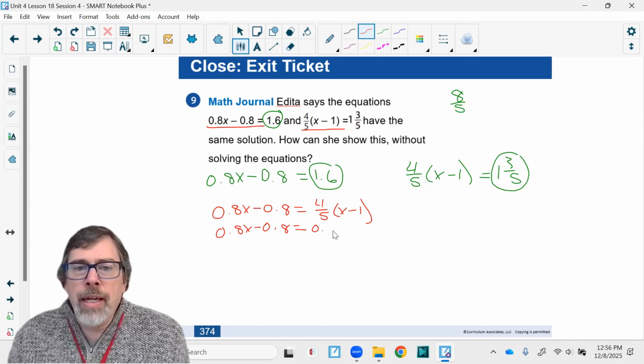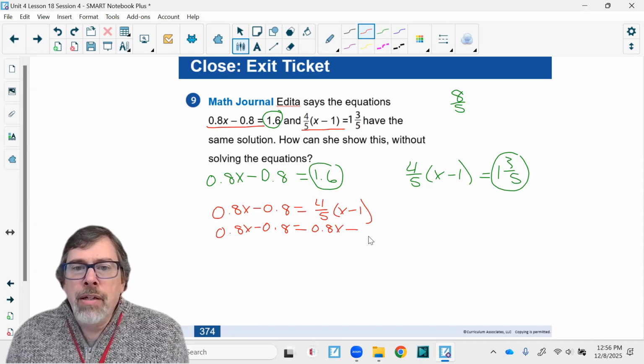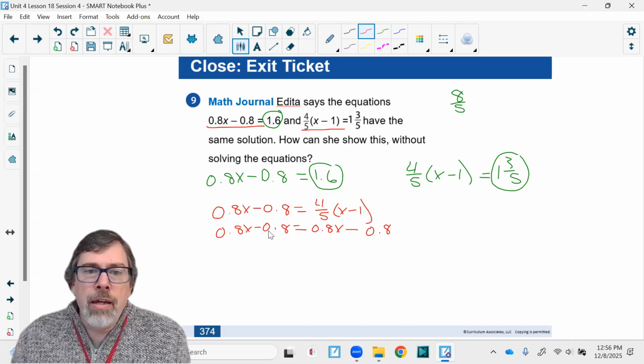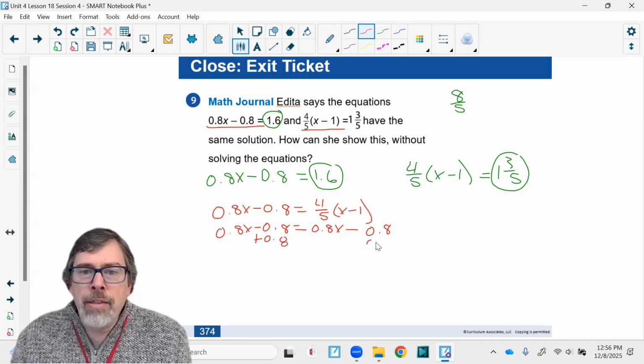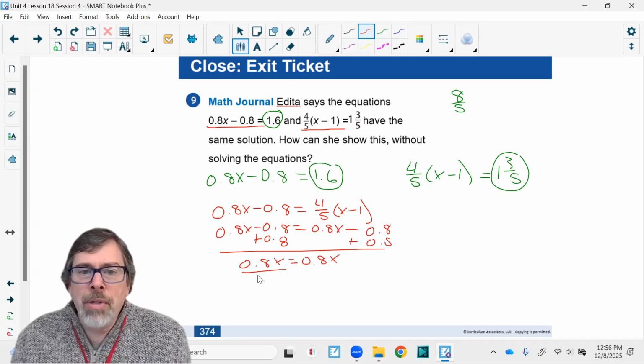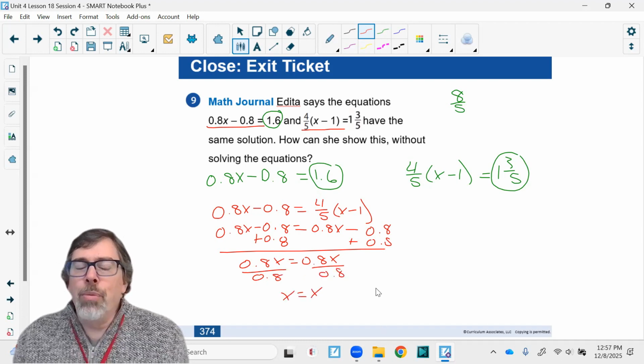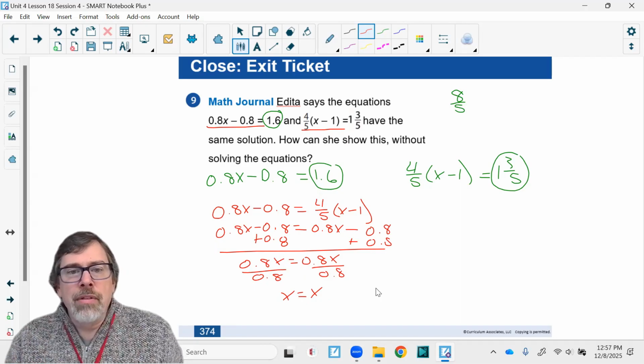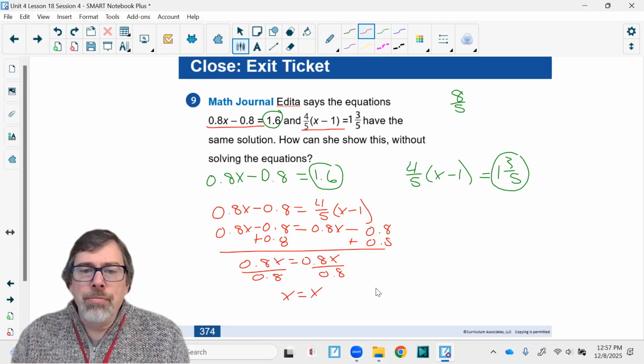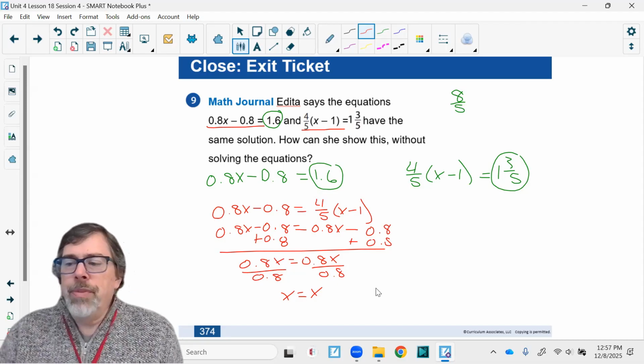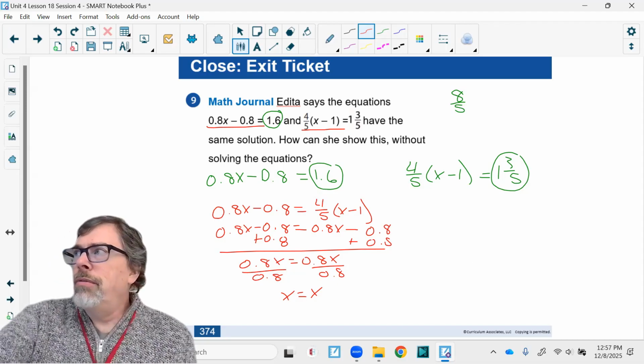So this is 0.8x minus 0.8 because 0.8 times 1 is 0.8. Since I have a minus 0.8 and I add 0.8 to both sides, I'm going to get 0.8x equals 0.8x, right? Divide by 0.8, divide by 0.8, I get x equals x. No matter what I plug in for x, these two equations have to be true. Okay, they're equal. And that's how you do it. Thanks for watching. Have a great day.